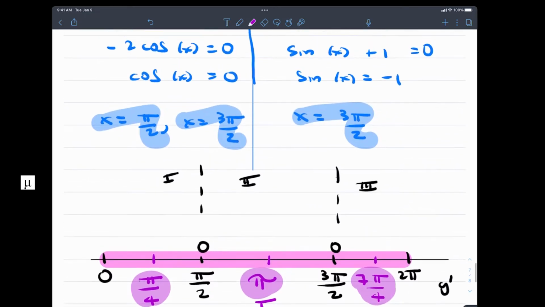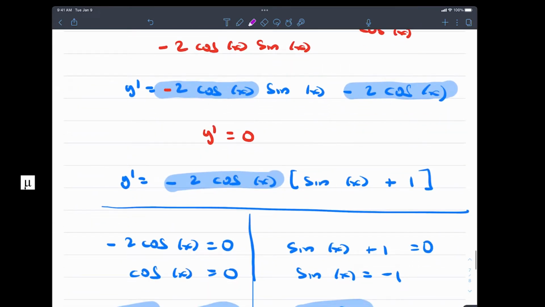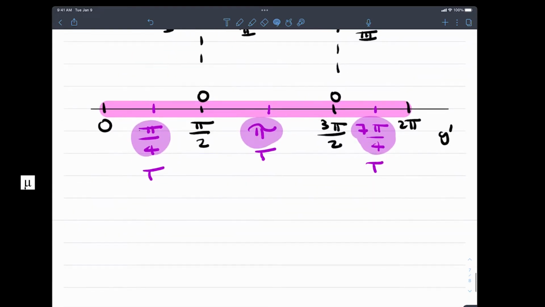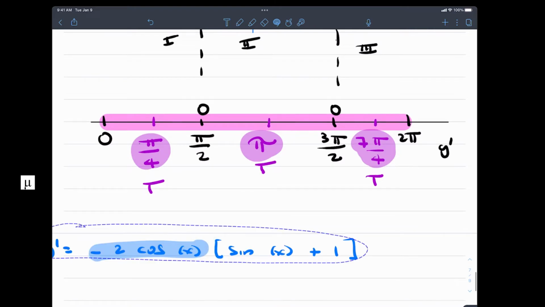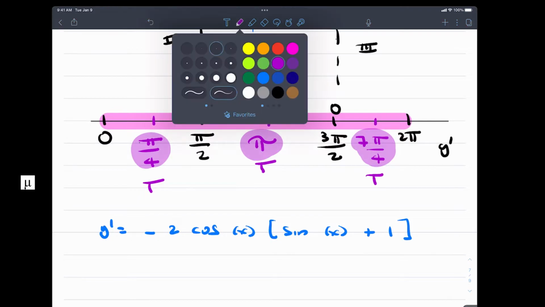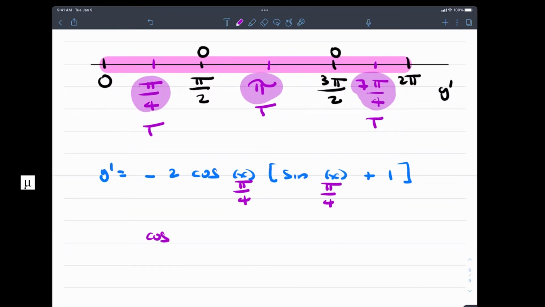What am I testing again? I'm testing the first derivative. Always use the factored version. So if I'm going to use pi over 4, do you guys know what cosine of pi over 4 is?